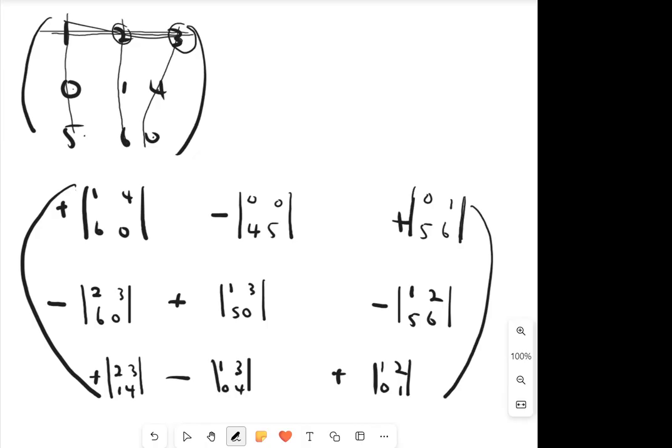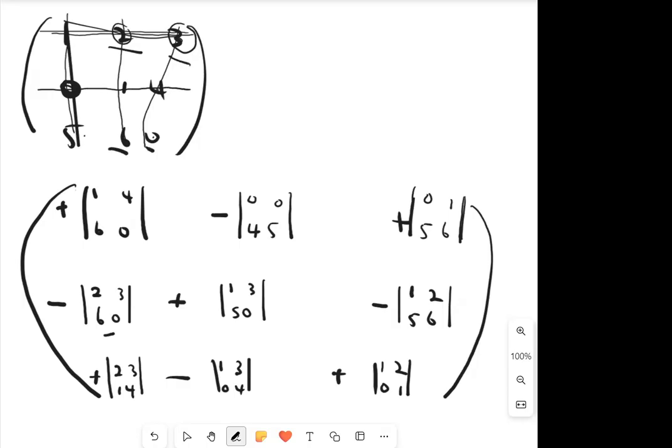All right. I did the first line. Let me go to the second line. Where do I get these from? Well, I give you the sign in front, and this is the normal sign convention: plus, minus, plus, minus, plus, minus, plus, minus, plus. You don't question that. You memorize that. Where do I get 2, 3, 6, and not? Well, take this number 0 here, take the row out and take the column out, right? And what are you left with? 2, 3, 6, not.